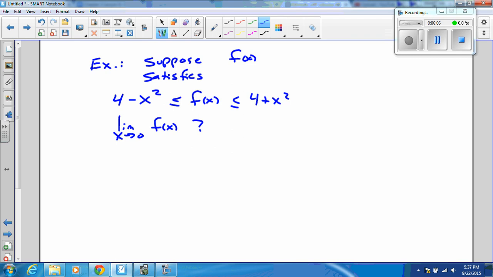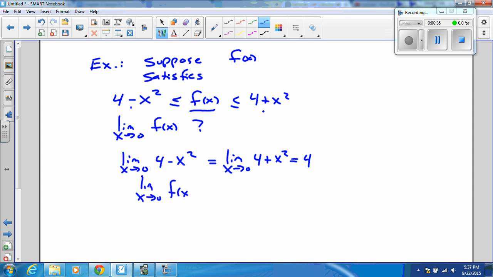What is the limit as x goes to 0 of f of x? Well, seeing that f of x is trapped between a lower bound and an upper bound, I wonder what the lower bound and upper bound go to when x goes to 0? And lo and behold, when I check that, both the lower bound and the upper bound go to the same value, which is 4. And because of that, the middle function must also go to 4 as well.